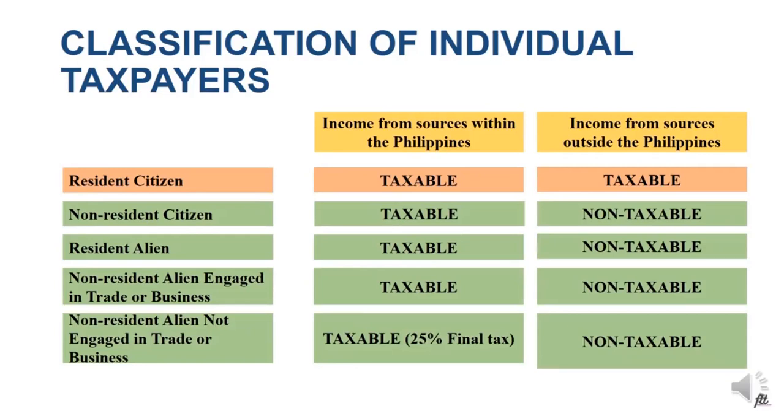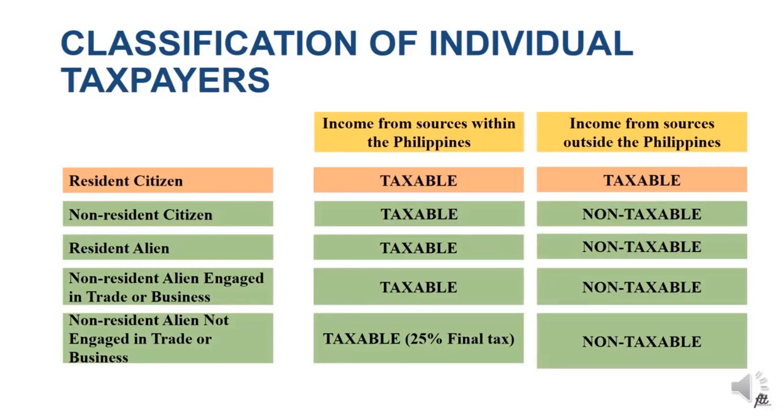And the unique part of the non-resident alien not engaged in trade or business is that all their incomes, whether from whatever source in the Philippines, shall be taxed at 25% final tax. So be it a compensation or business or whatever. Any income derived by a non-resident alien not engaged in trade or business shall always be subject to 25% final tax.